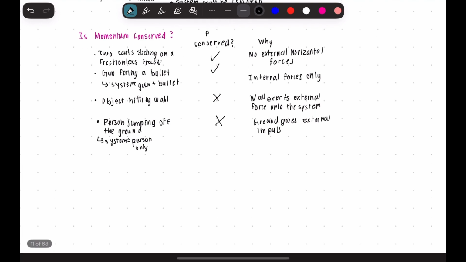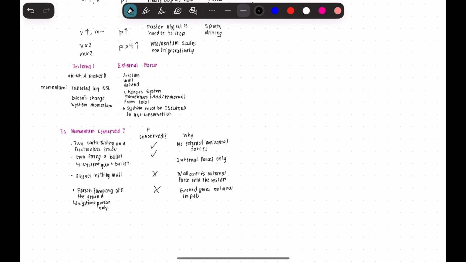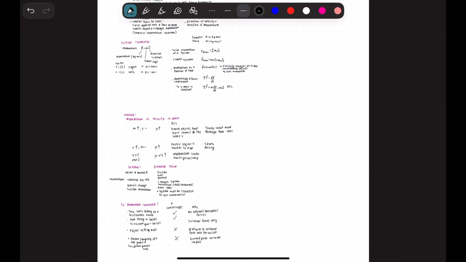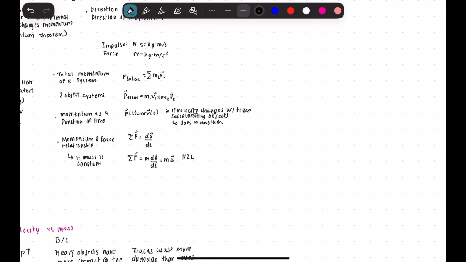Okay, so let's talk about some critical formulas for momentum. Again, yeah, let's just add that up to here.